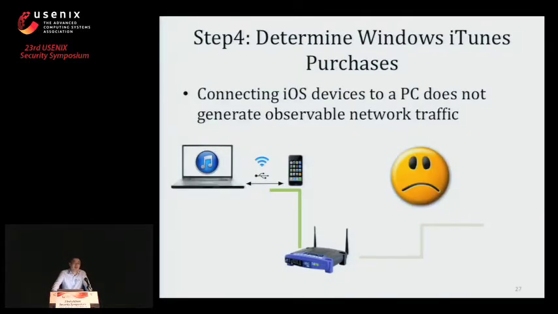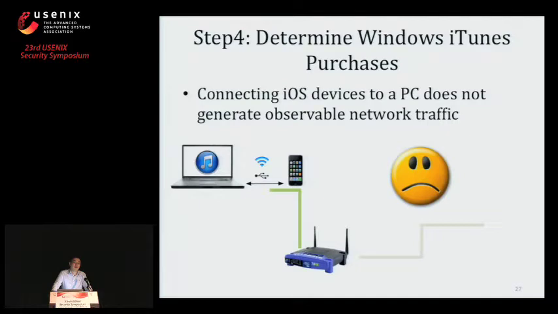But using a Windows machine and an iOS device doesn't mean the user would connect the iOS device to the Windows machine, so we need more evidence. Connecting an iOS device to a personal computer doesn't itself generate any observable network traffic.